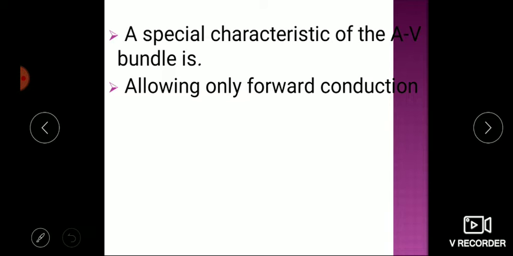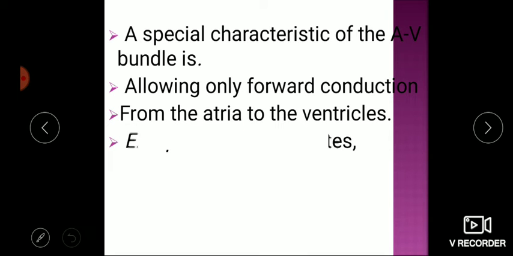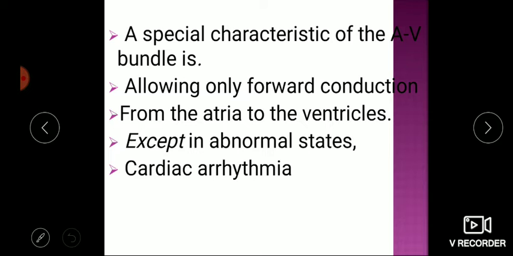So the impulse will not go from ventricle back to atria, except in abnormal states. If there is an abnormality, that can lead to a reverberating circuit, and this will lead to repeated excitation of atria followed by ventricle, that will lead to arrhythmias. These are called cardiac arrhythmias. So under normal conditions, there is only one-way conduction from the AV node to the bundle of His.